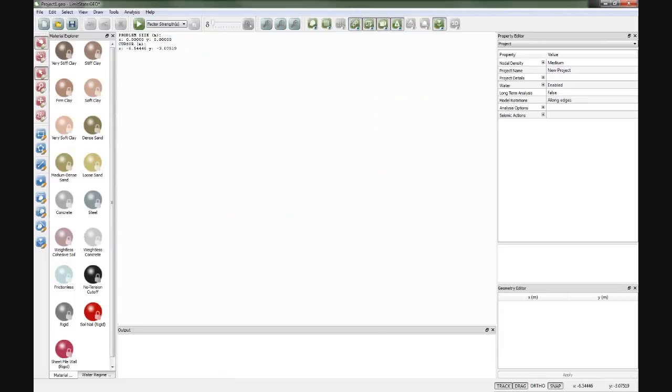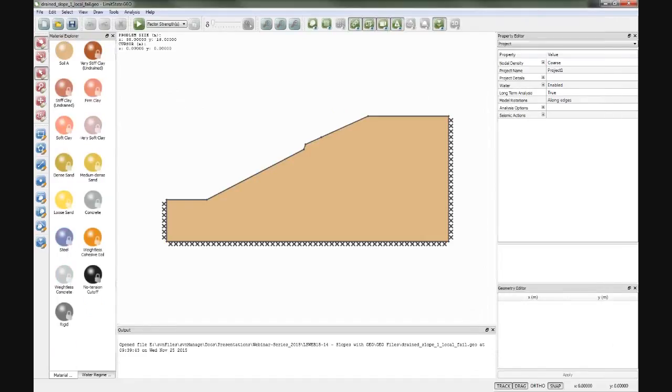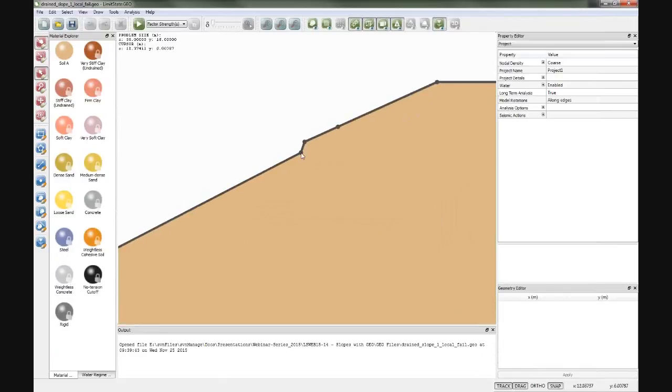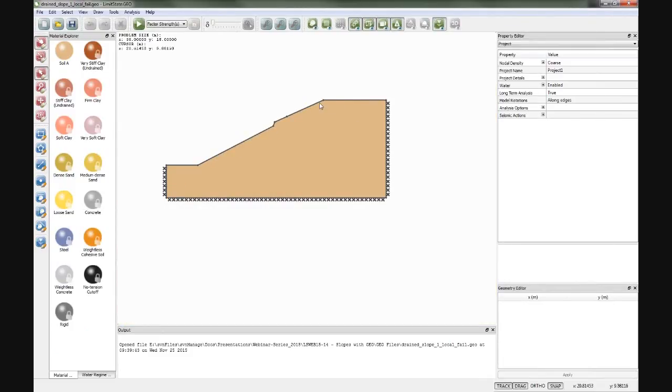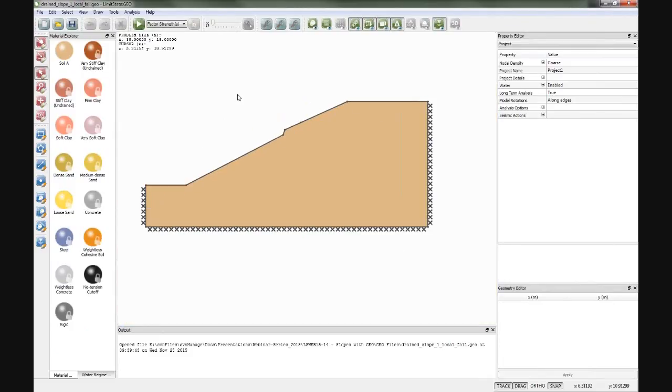I'll just pull up a file that illustrates things. So you might have pulled up something like that, and quite often in those you get things like this, where there's a short, very steep part, which may be real or maybe just due to the survey. And if it's real, quite probably it's stable because of unsaturation or locally stronger.